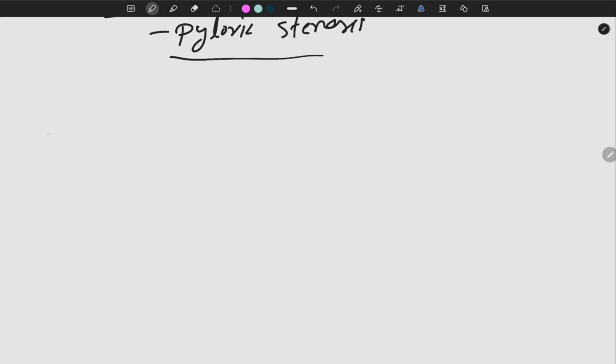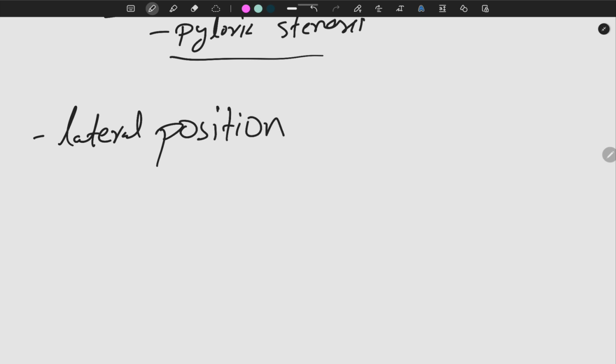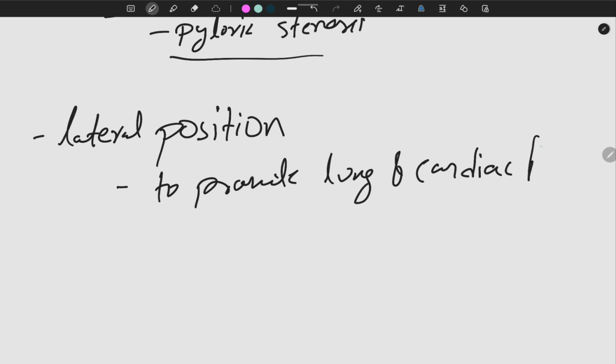The next one is the lateral position. We can use this lateral position to promote lung and cardiac function. Most surgeries, like breast surgery or gastrectomy, in some cases use the right or left lateral position.